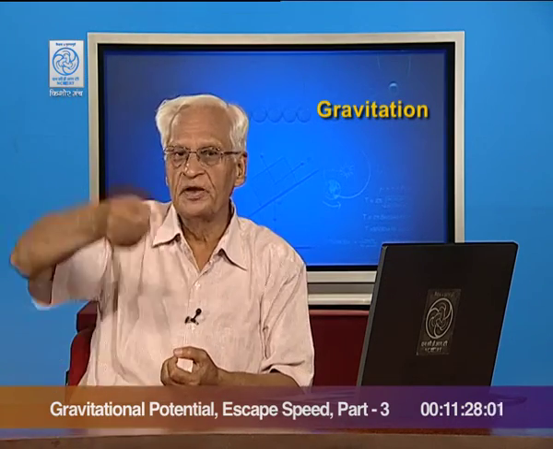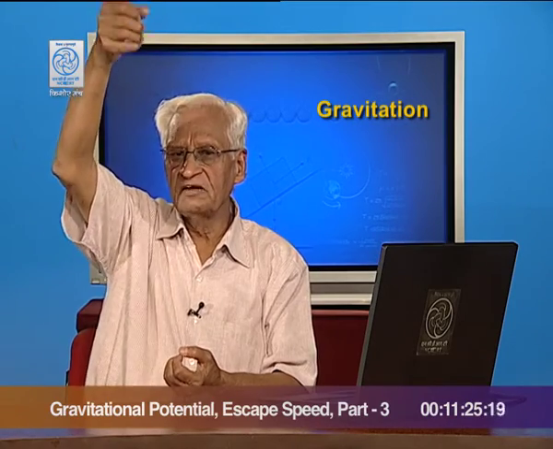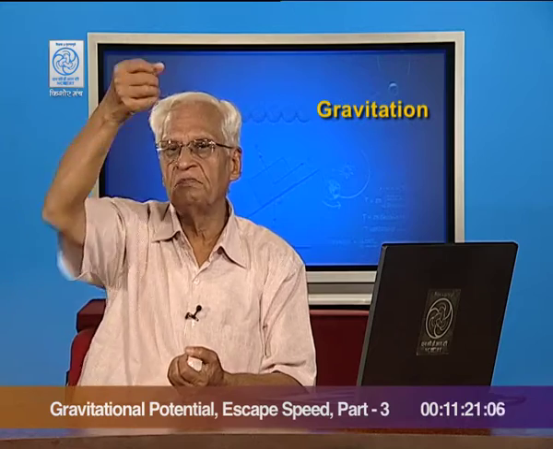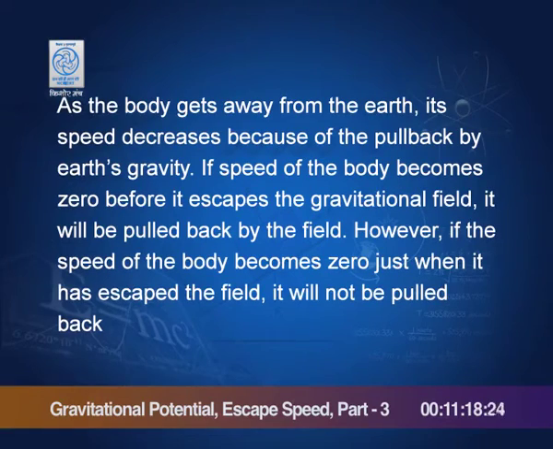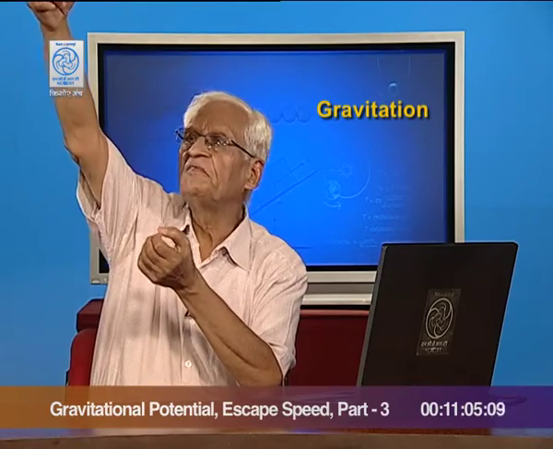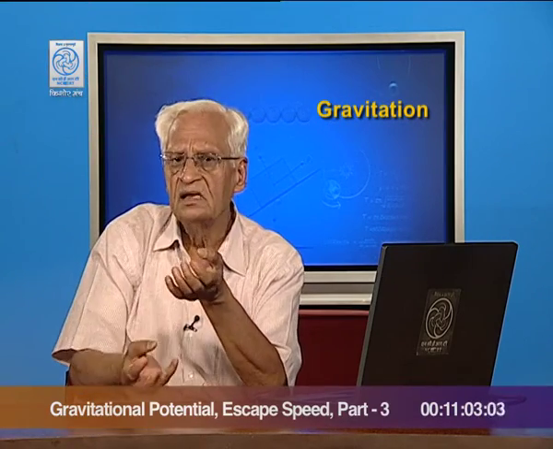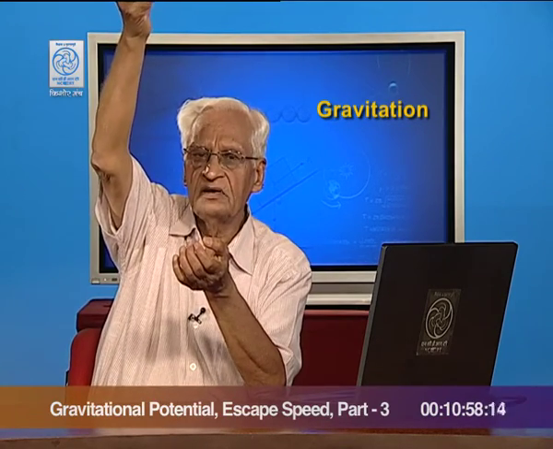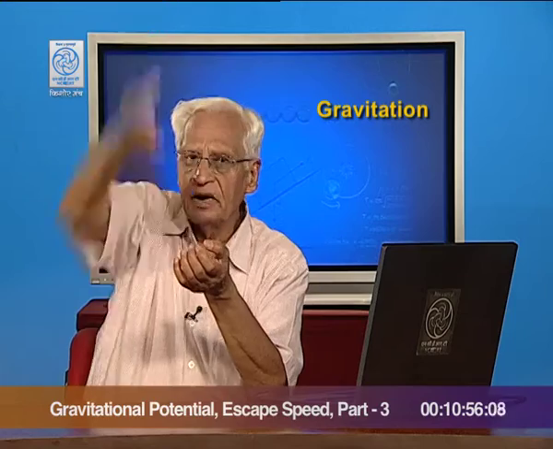So, if the body is going up, the force is acting vertically downwards, and therefore, it will reduce the speed of the particle. So, as the body gets away from the earth, its speed decreases because of the pullback by earth's gravity. If the speed of the body becomes 0 before it escapes the gravitational field, it will be pulled back by the field. If we throw a ball, it goes to a certain height where its speed becomes 0 and then falls back.